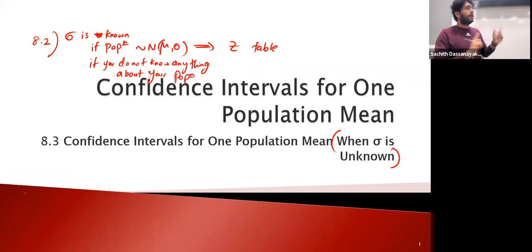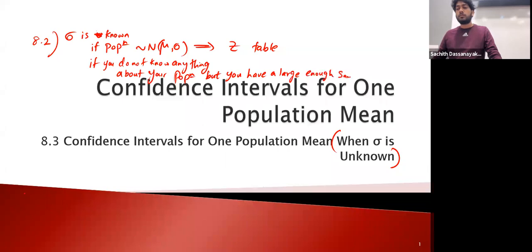But if you have a large enough sample, in this case also you approximate it to a normal distribution and use the C table. Both cases use C alpha over 2. Do you remember that?